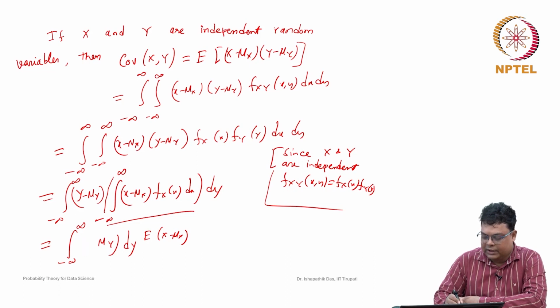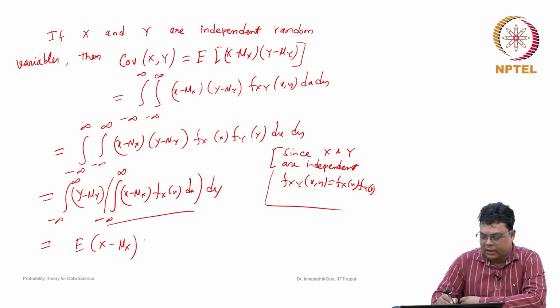So the expected value of X minus mu_x will be outside this integral, and then the remaining part is the integral from minus infinity to plus infinity of (y minus mu_y) f_Y(y) dy. Sorry, there is an f_Y(y) term I missed here.